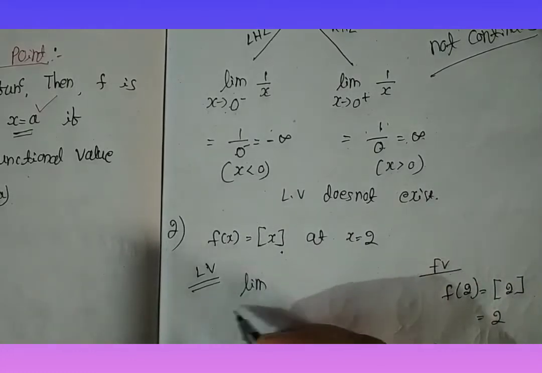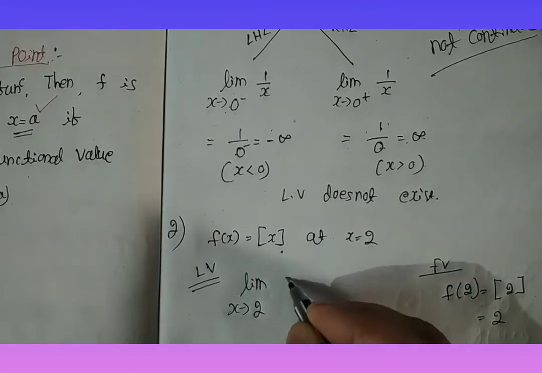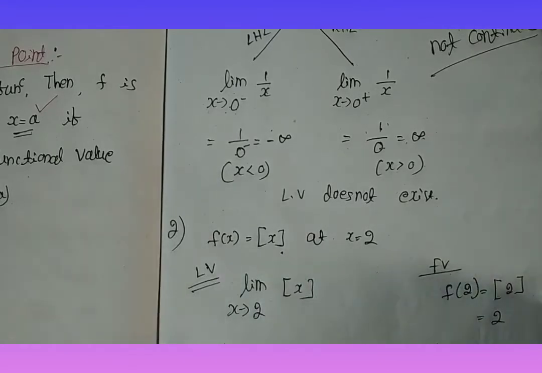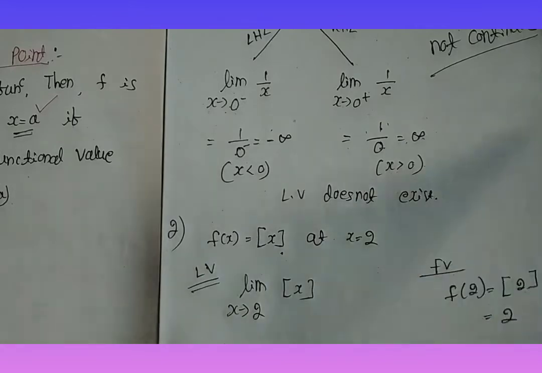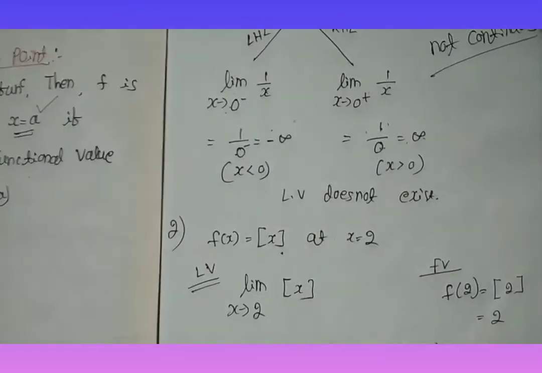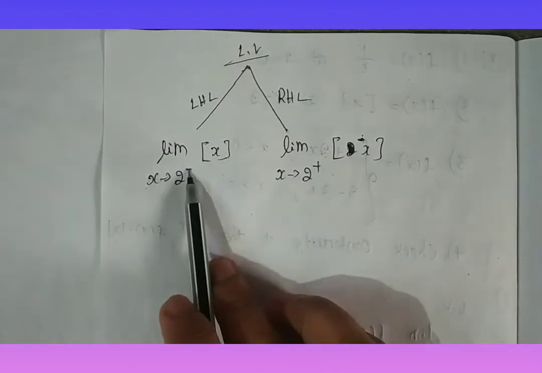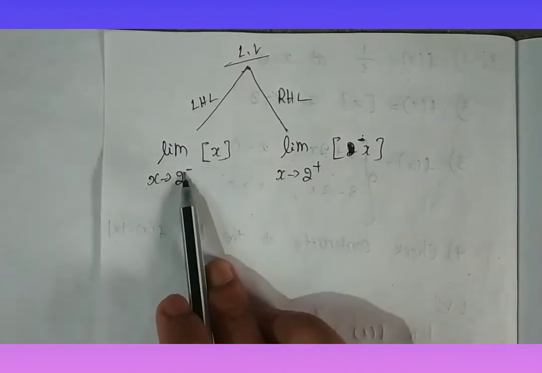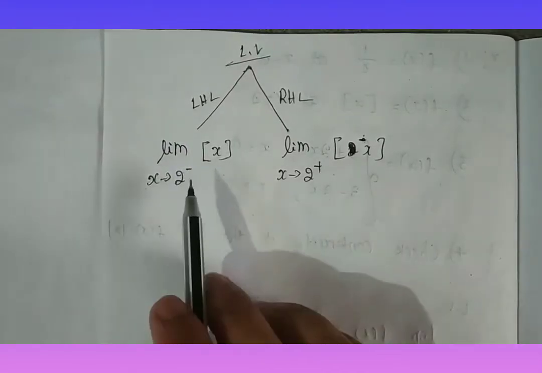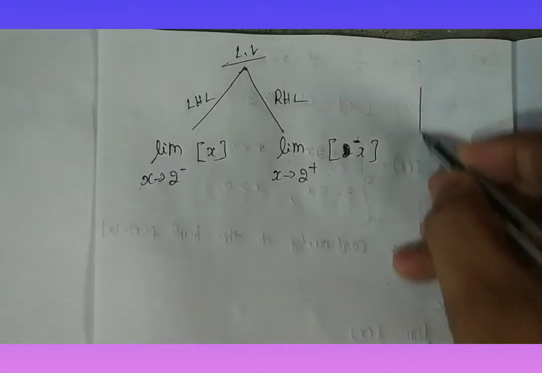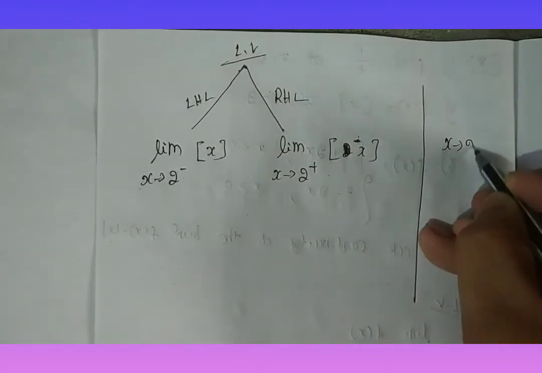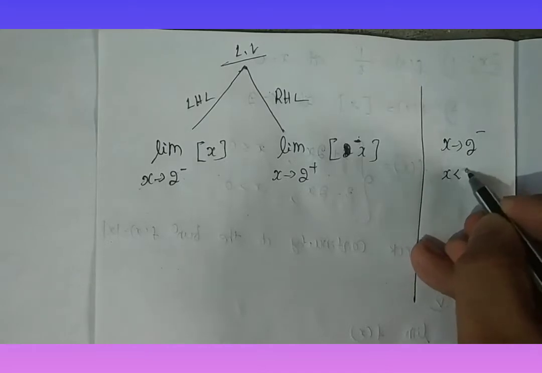Limit x tends to 2. Here also we need the left hand limit and the right hand limit. This is the left hand limit, x tends to 2 minus of the greatest integer of x. x tends to 2 minus means x is less than 2.